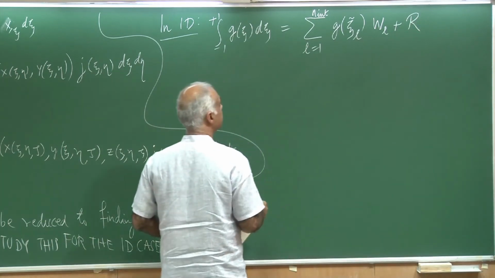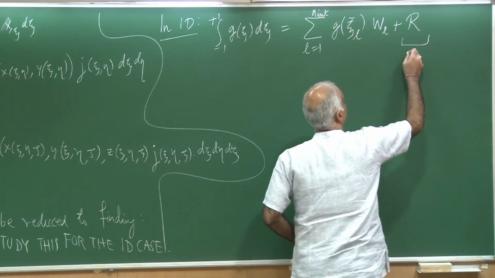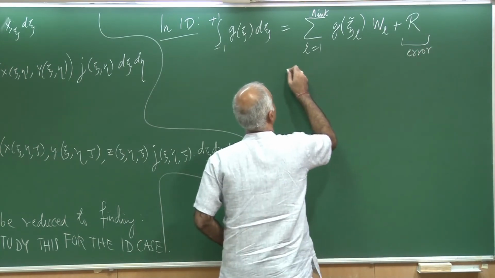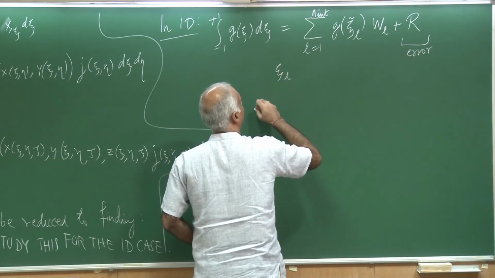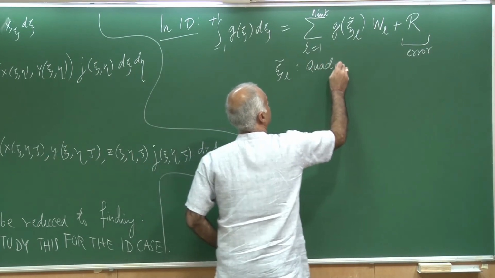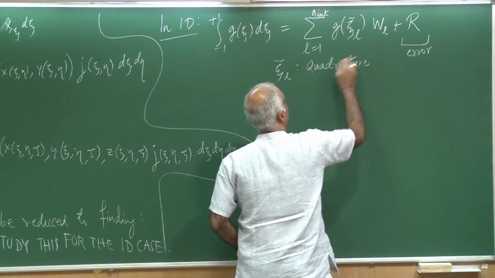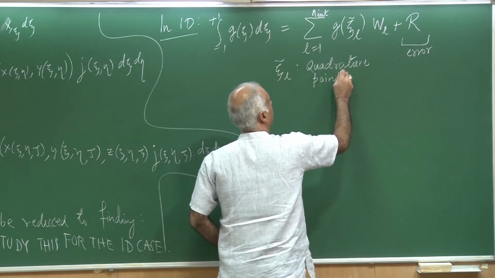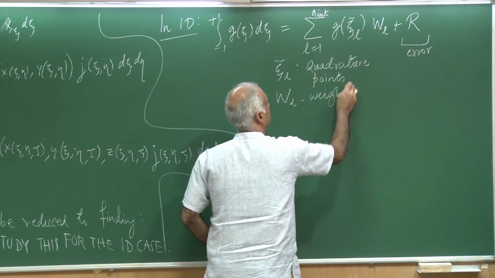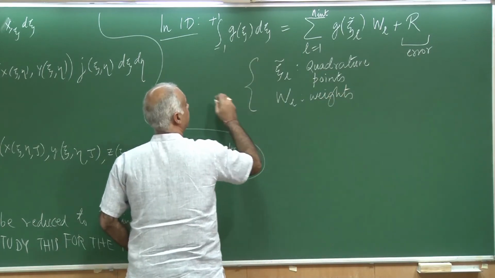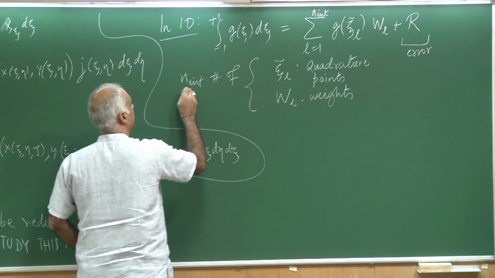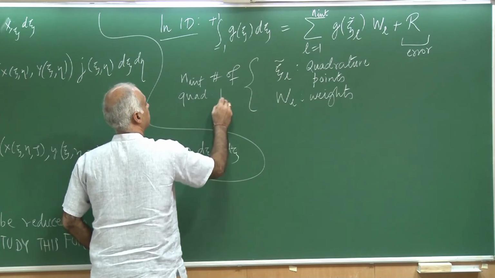So the notation is that this is some kind of an error, and xi tilde L, these are quadrature points. And these W L are weights. And we are saying that there are n int number of quadrature points.